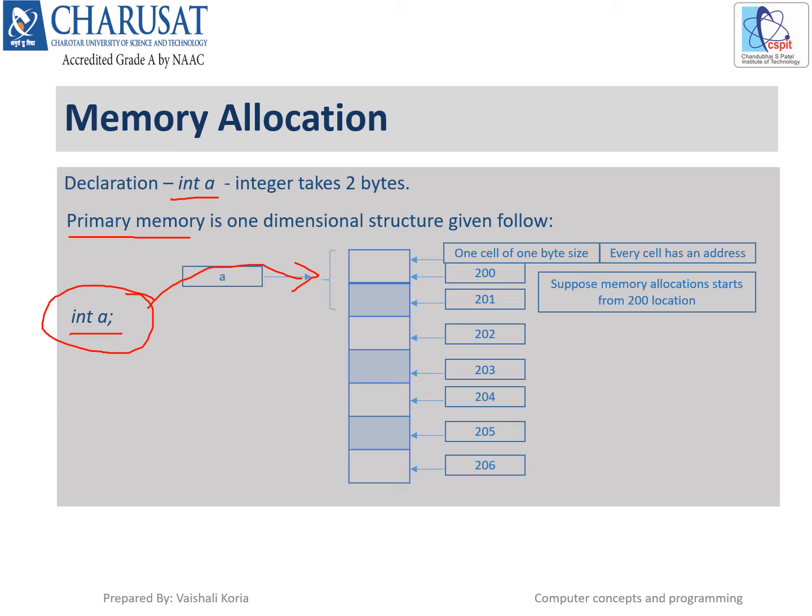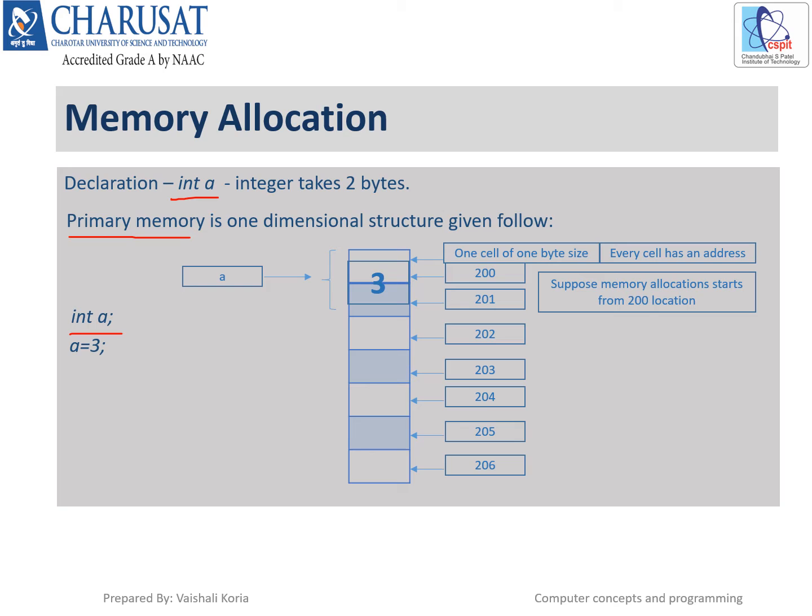These 2 bytes, 200 and 201, will get reserved to store the value of a. Now when you write a equals 3, the 3 will be placed at the location reserved for a. So 3 will be placed here.